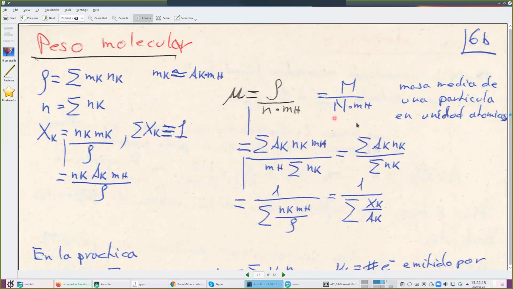That means the molecular mass, molecular because it's the mean mass of the molecule, but not molecule, it's just particle. It's called that way, and it's the mean mass of the particle using the atomic unit.